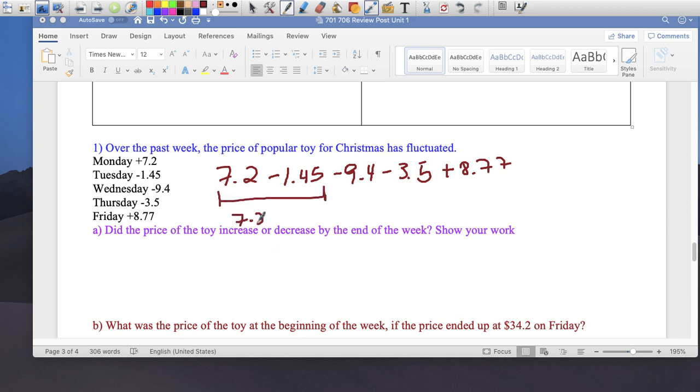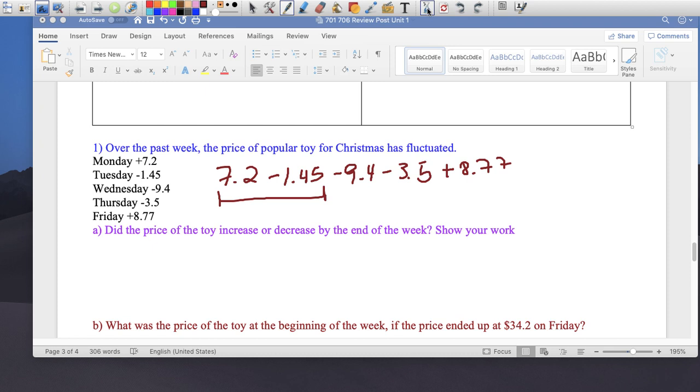That's 7.2 plus, if you can, I'll let you use a calculator here. I think that's going to save you time. 7.2 minus 1.45.